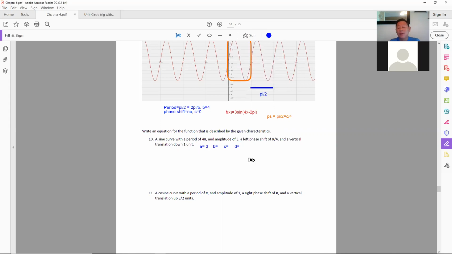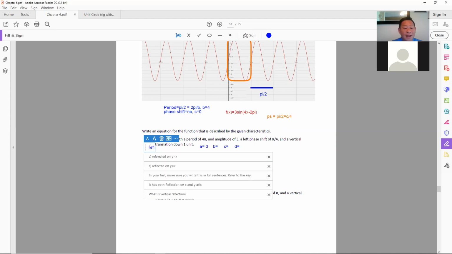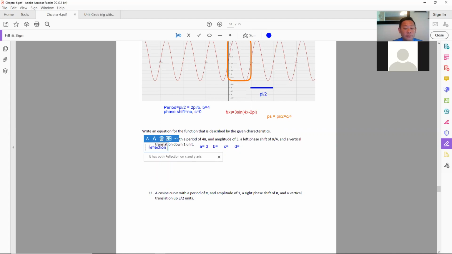Then if it's negative, they will say it's reflected on the x-axis. If you have this, then your A will become negative.